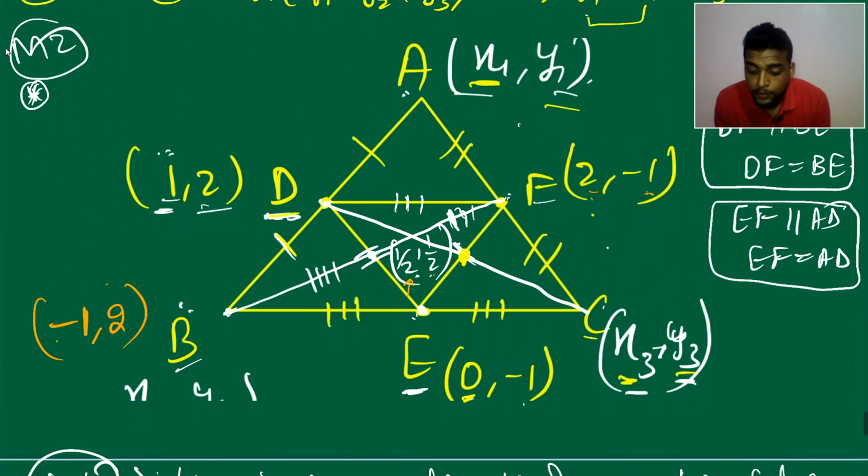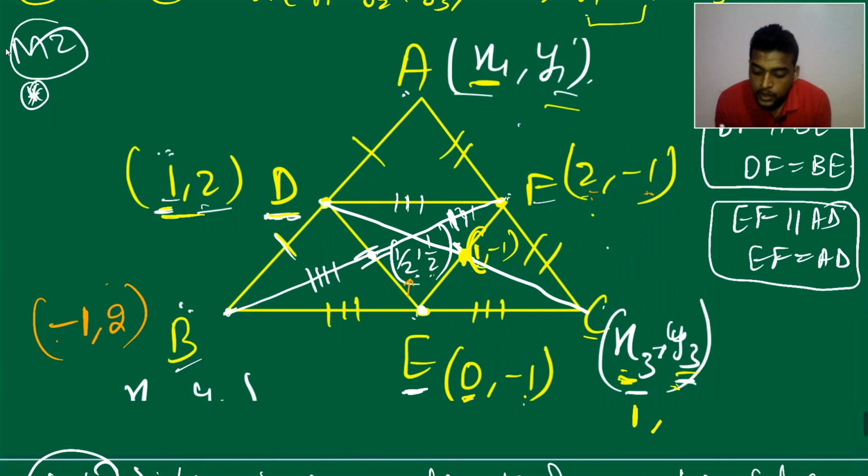Similarly, what is this point? This is nothing but 0 plus 2 by 2, so it is 1. And minus 1 plus minus 1 by 2 is also minus 1. So what is this midpoint? 1 comma minus 1. Now if this midpoint is 1 comma minus 1 and 1 comma 2 is known, then this we have to find. Everyone, listen. In 1, what do we have to add such that we can get 1? So 1 plus 1, 2 upon 2, 1. So this is nothing but 1 comma.